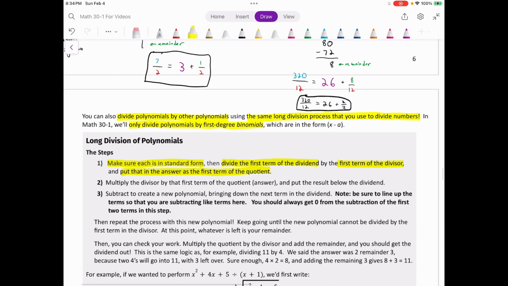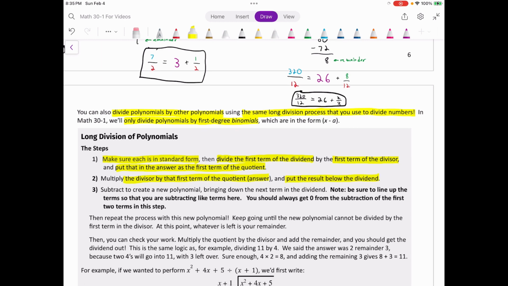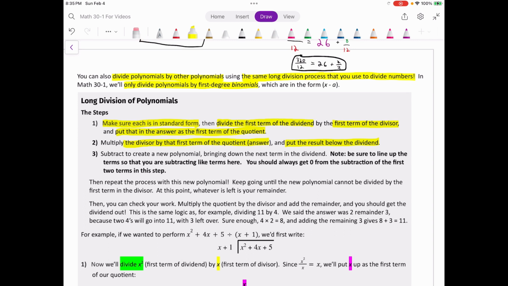Then, after divide, we multiply. So multiply the divisor by that first term of the quotient, the one you just got, and put the result below the dividend. Divide, multiply. Up next, we're going to subtract to create a new polynomial. And then bring down. So divide, multiply, subtract, bring down.